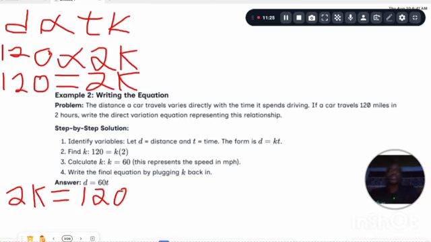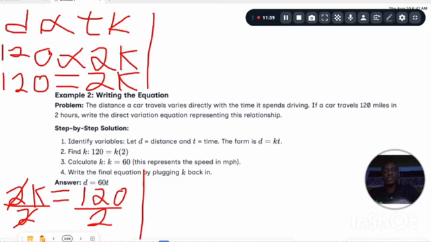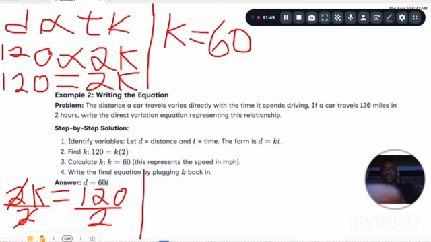We are going to divide both sides by 2. And after doing that, we find the value of k to be 60. So k equals 60. What we have done here is just to find the constant. So our constant is 60.